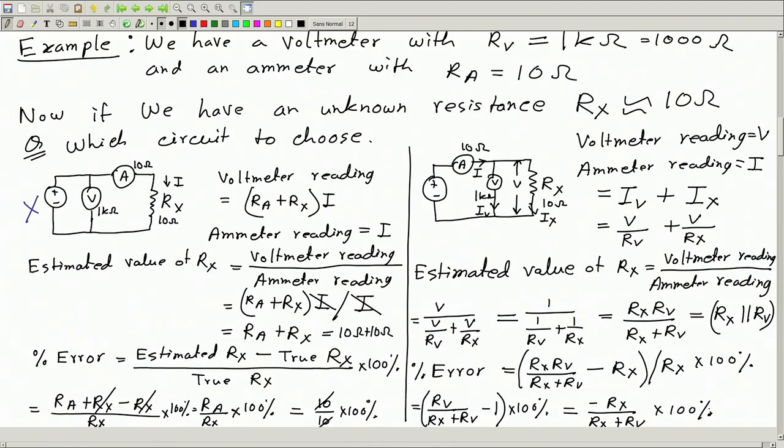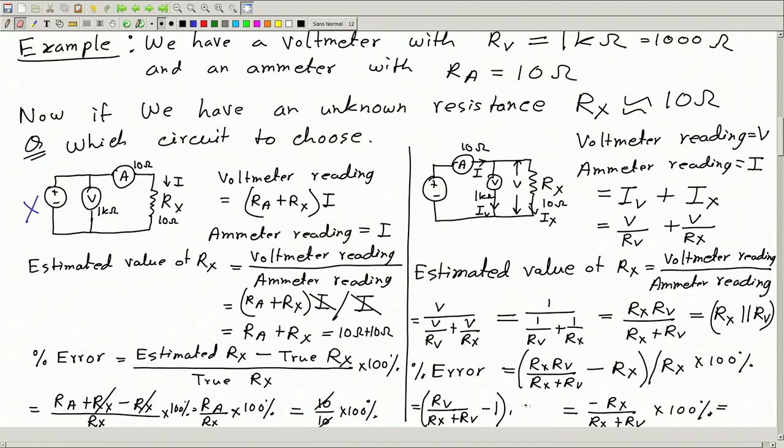And now if we put the values from here, Rx is 10, RV is 1000, then how much will this come out to be?